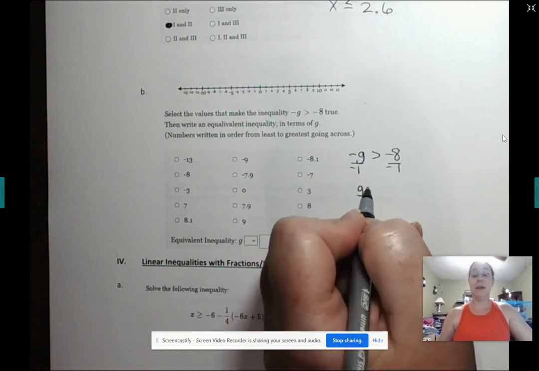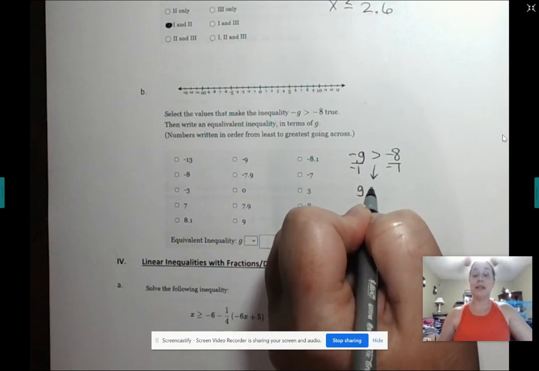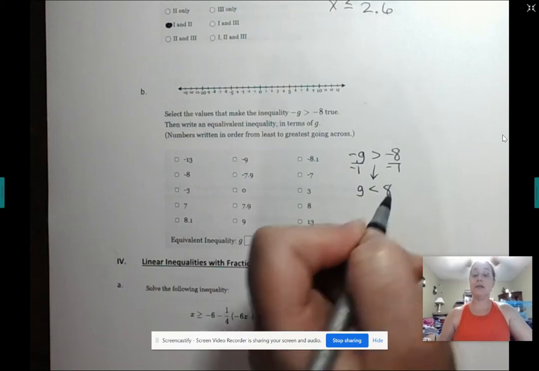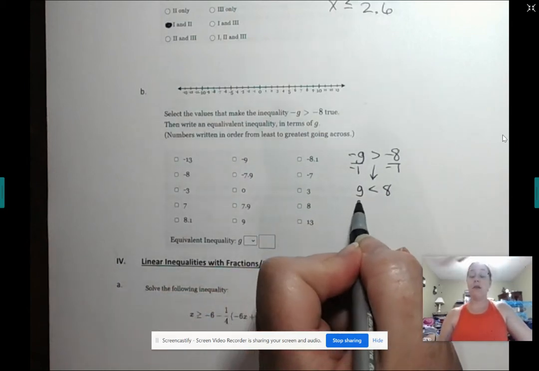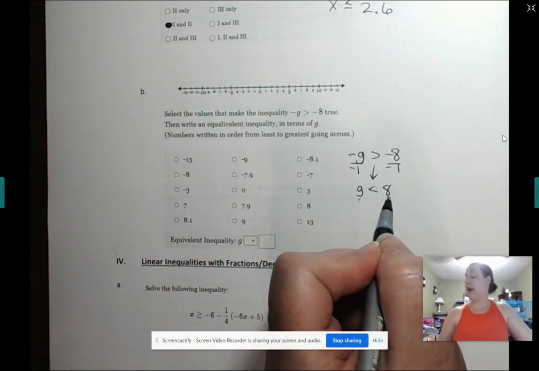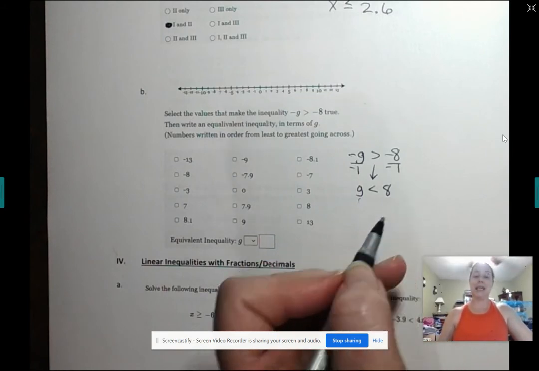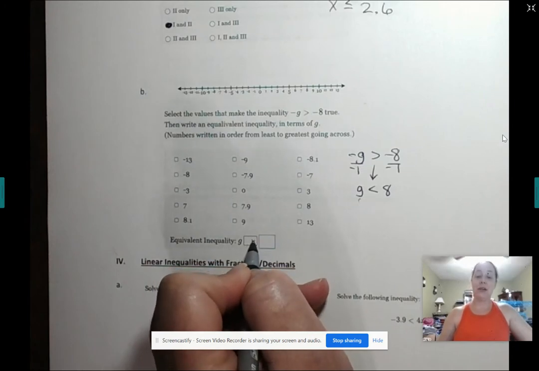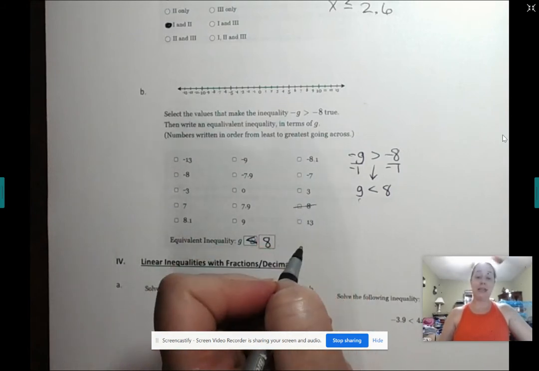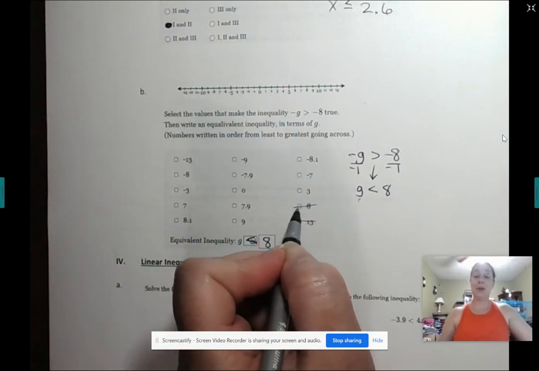I do that by dividing by a negative, which is going to flip this inequality sign, and a negative divided by a negative is a positive. So I am looking for all values of G that are less than 8, not equal to 8, not greater than 8, but anything that is less than 8. And down here, I would click this little arrow, choose the less than button, and type in 8 right here. So we're not going to choose 8, and we're not going to choose any number bigger than 8.